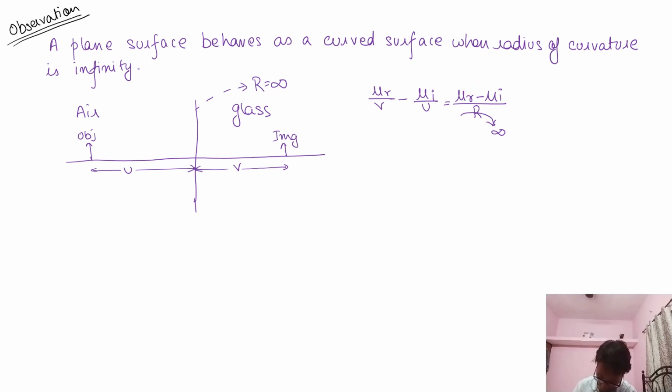So can I say mu r by v minus mu i by u is equal to 0, or mu r by v is equal to mu i by u, or v by u is equal to mu r by mu i. Okay.